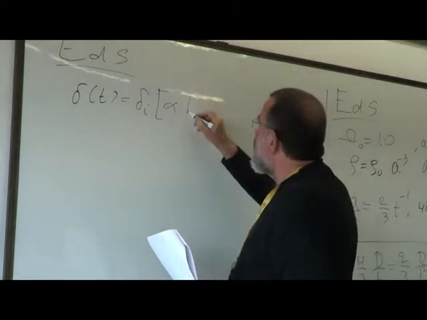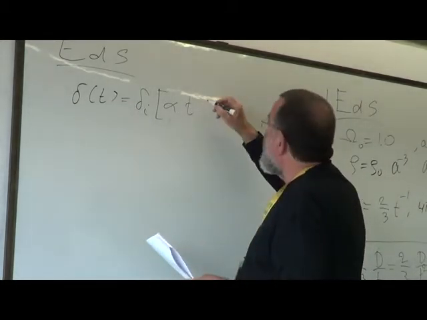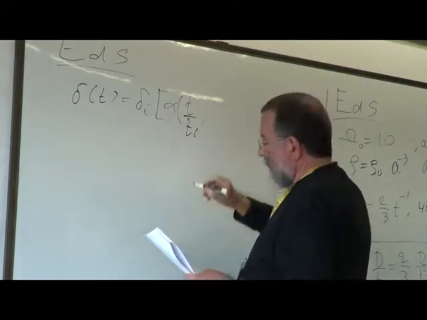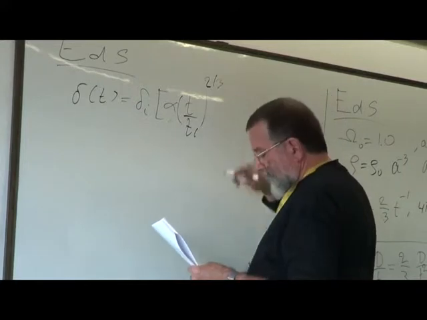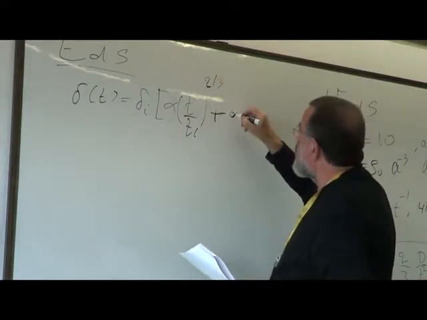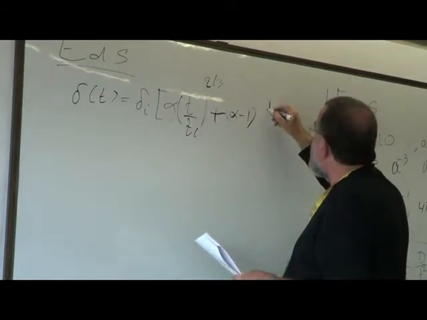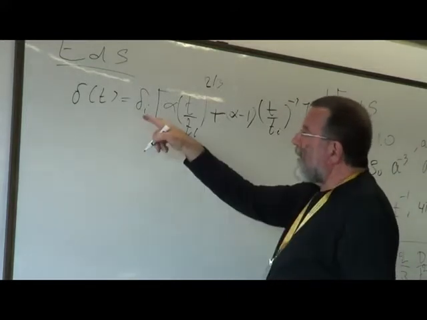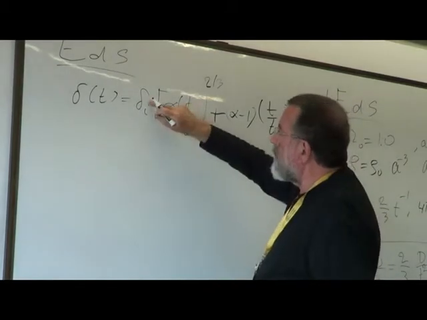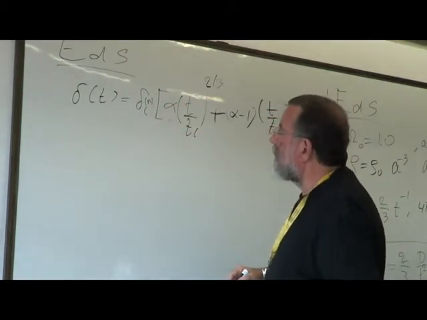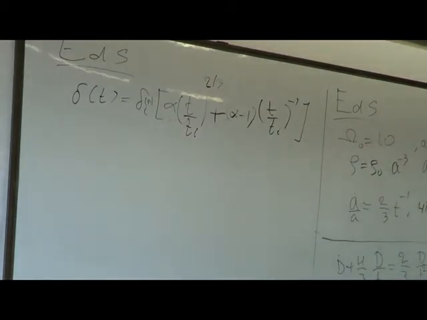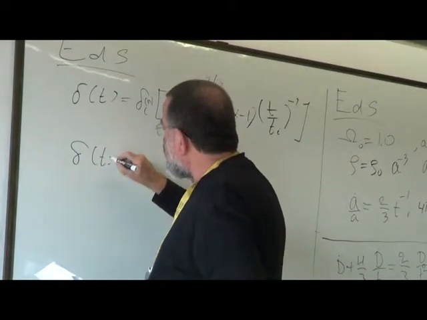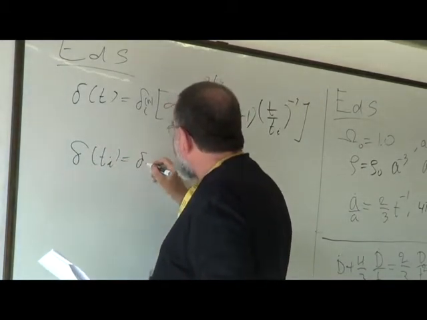So I have alpha plus times t over ti to the power of 2/3 plus alpha minus times t over ti to the minus 1. You can imagine that this is a profile, delta i of R, if you wish. I'm just splitting the amplitude between the growing mode and the decaying mode, nothing more than that. So at the initial time ti, delta equals delta i.